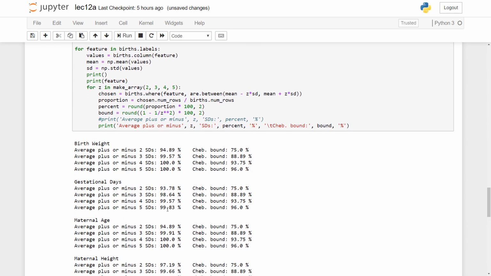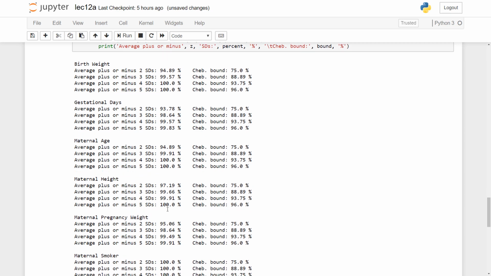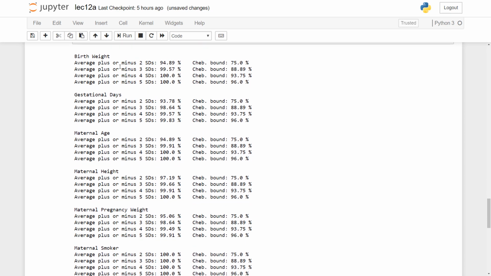This will have a block of values for each column. For example, here is the weight, the one that we just looked at. Within 2 standard deviations, the data tell us we have about 95% of the data. The Chebyshev bound is 75.